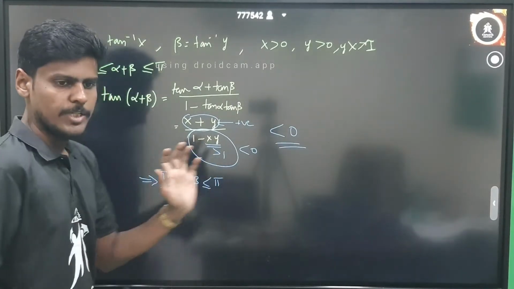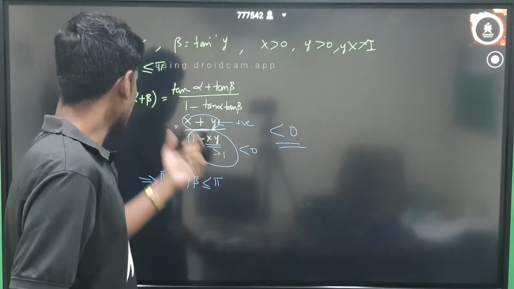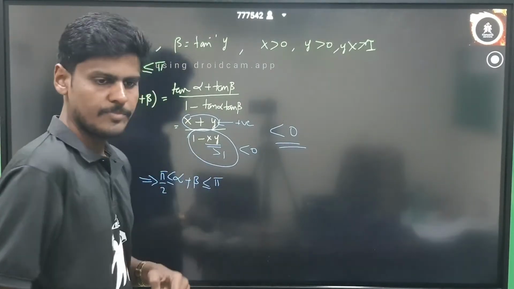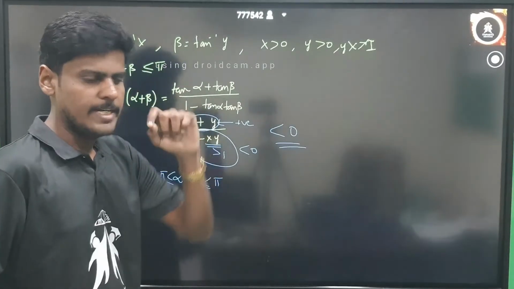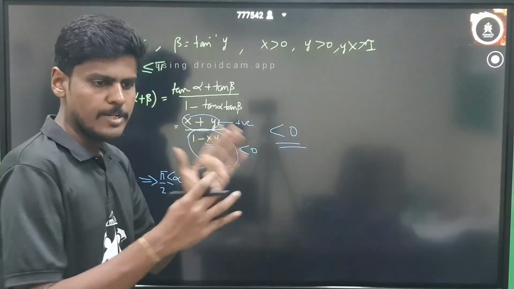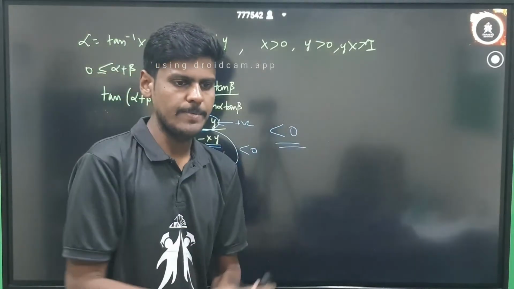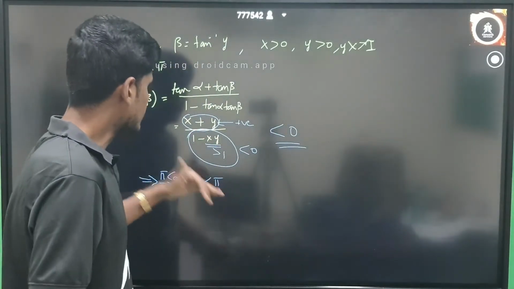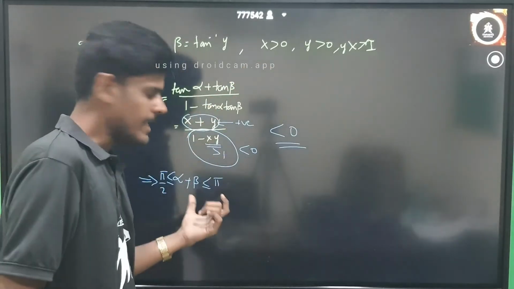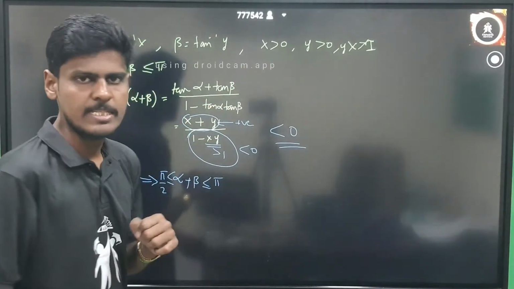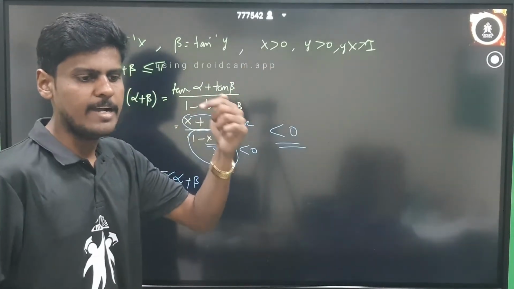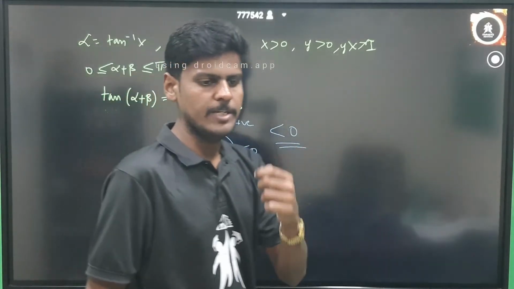Tan of alpha plus beta is a negative value, but the final answer should be between minus pi by 2 to pi by 2. So we need to convert this into the angle that matches this tan of alpha plus beta in the range of minus pi by 2 to pi by 2.